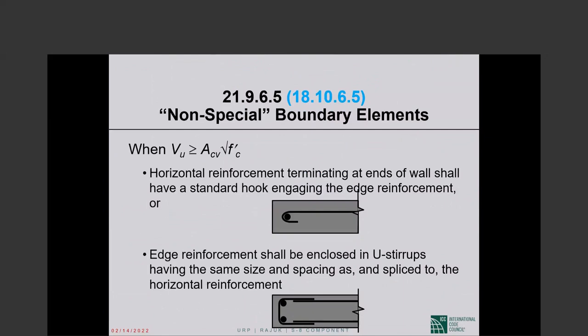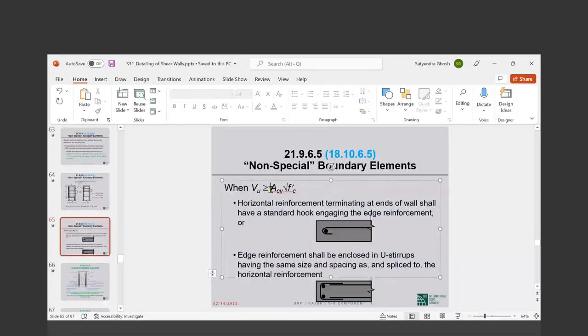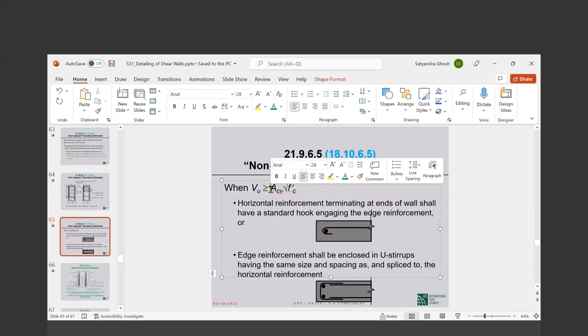When we do not have special confinement or non-special confinement at the end, how do we anchor the shear reinforcement? Here I forgot, this should be 0.08 in your units. Our unit is 1 square root.